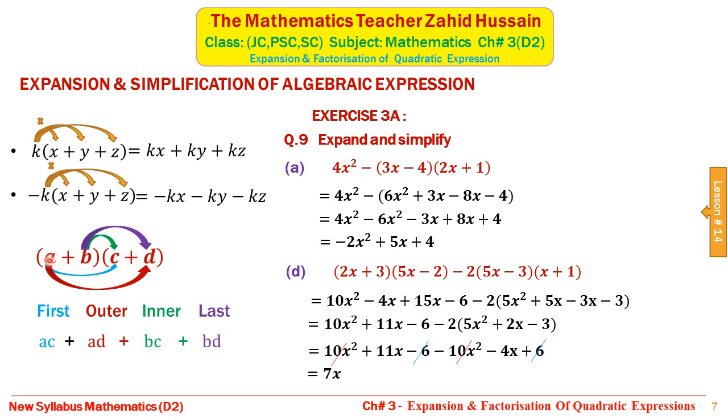A plus B, first term is A and first term of second bracket is C. First term of both the brackets is different, and second term of both the brackets are also different. And when two brackets have different terms, then we use this rule to multiply.